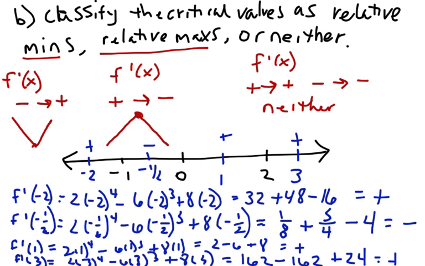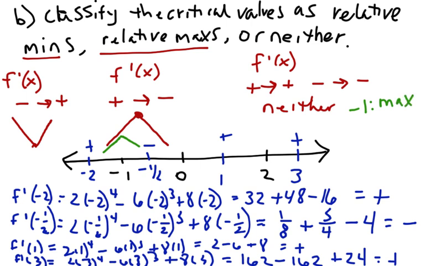Okay, so looking at this information that we've just gotten, before I'm at negative 1, I have a positive slope. Then it's 0, and then I have a negative slope. So negative 1 would be classified as a maximum.